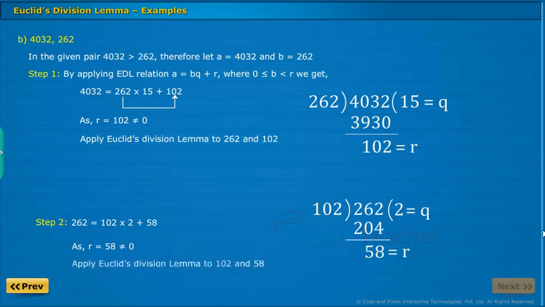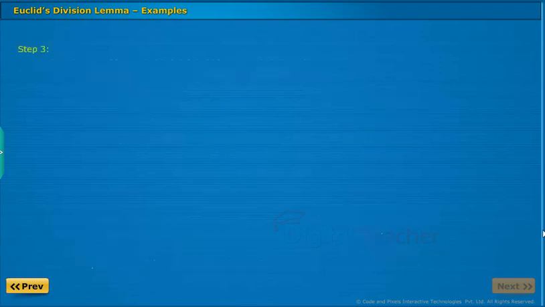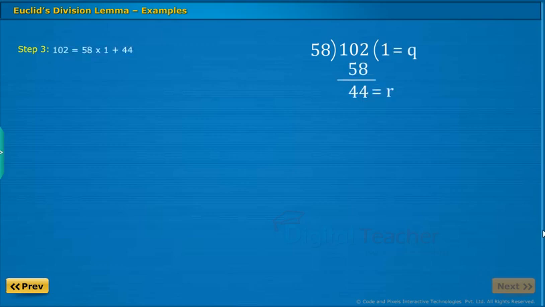Apply Euclid's division lemma to 102 and 58. Step 3. 102 is equal to 58 into 1 plus 44. As r is equal to 44, which is not equal to 0.